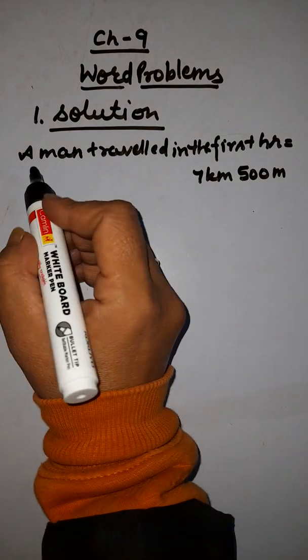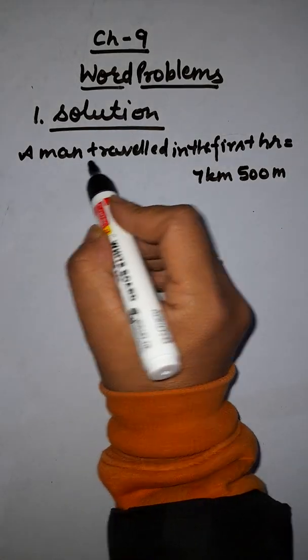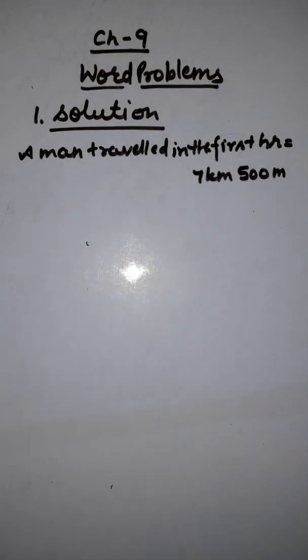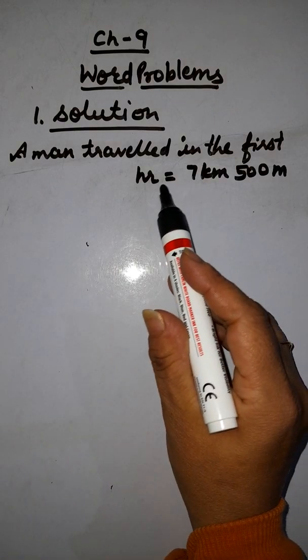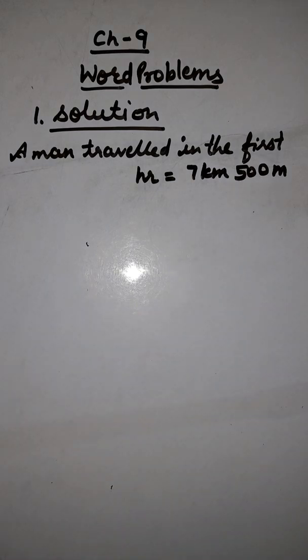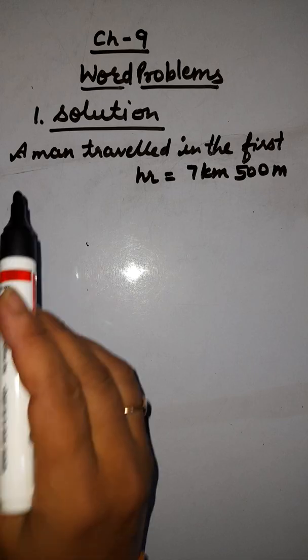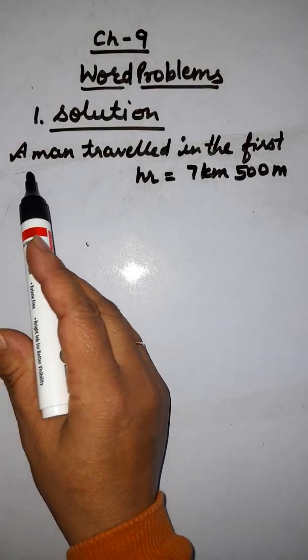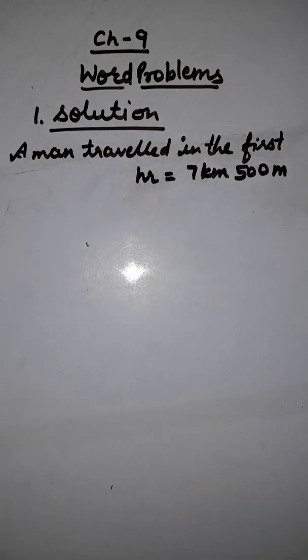Okay. So the first statement is a man traveled in the first hour is equal to 7 kilometer and 500 meter. Right. So next statement, same as we have written above, a man traveled in the first hour.